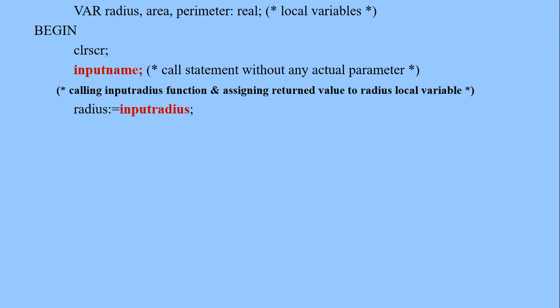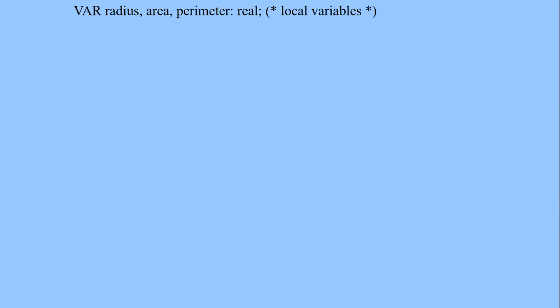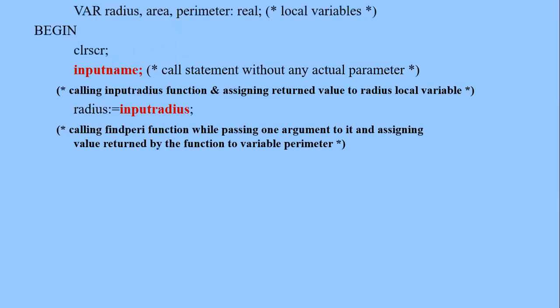So whatever has been entered as radius will be whatever has been returned back as value for radius. It will be assigned to this memory location called radius that we have declared locally under variables here as type real.